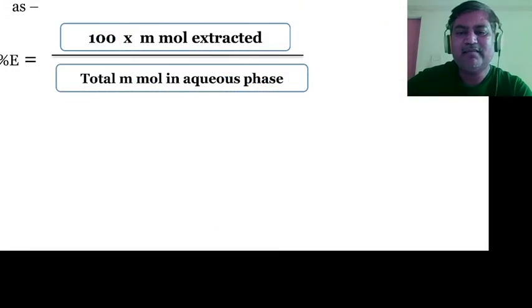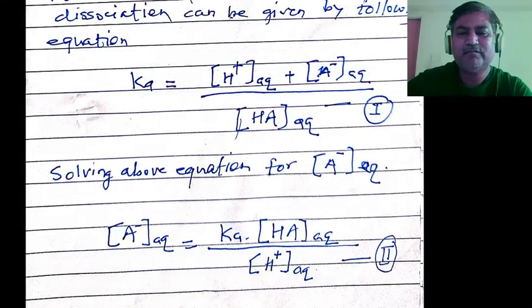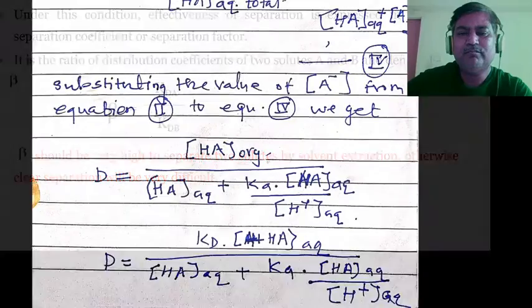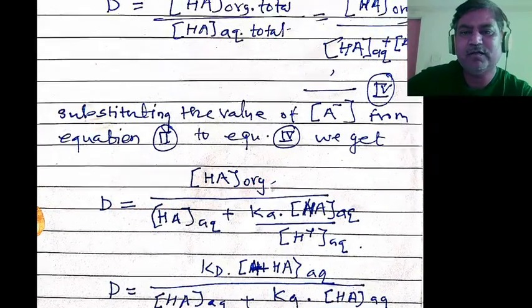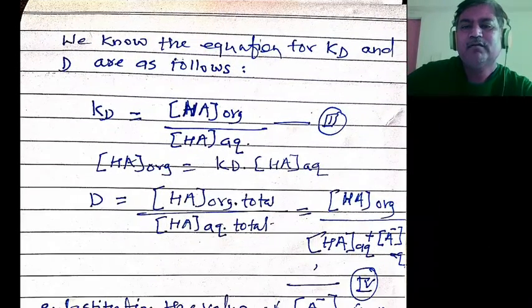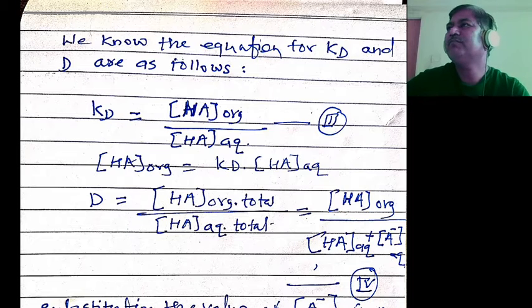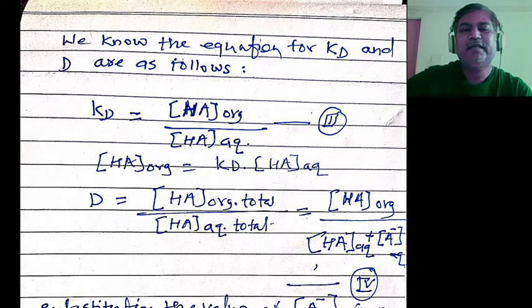The next slide, this one. Okay, then we know the equations for distribution coefficient and distribution ratio as follows.